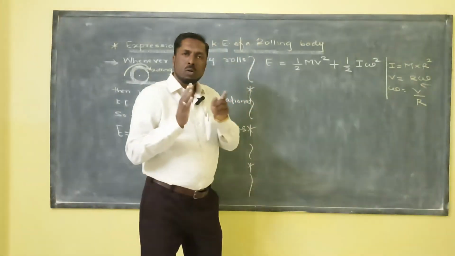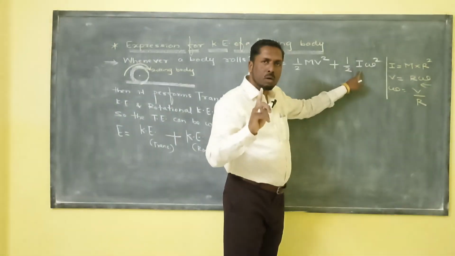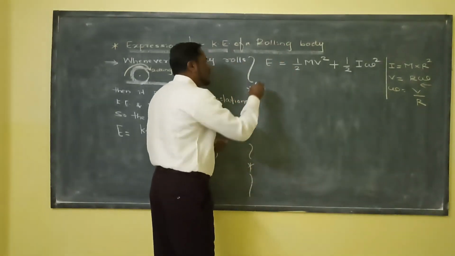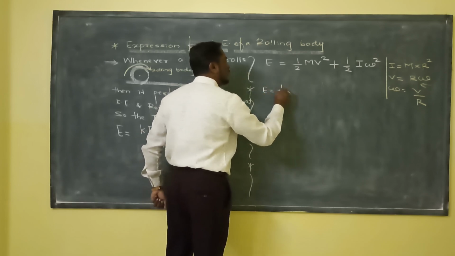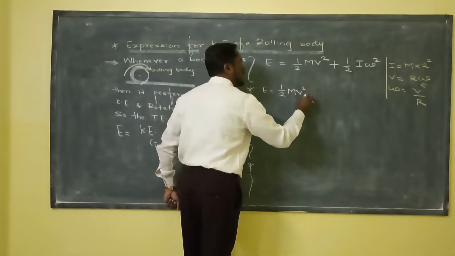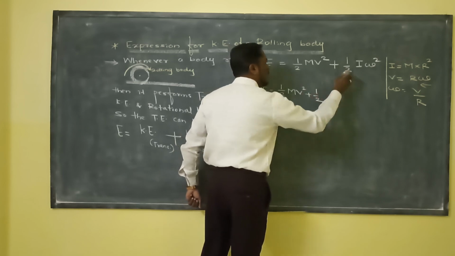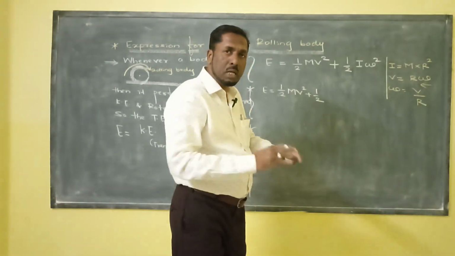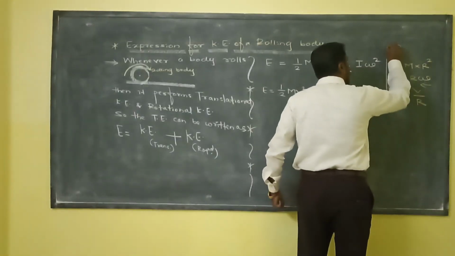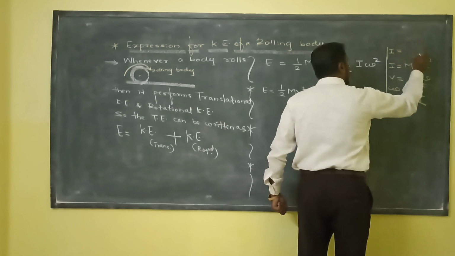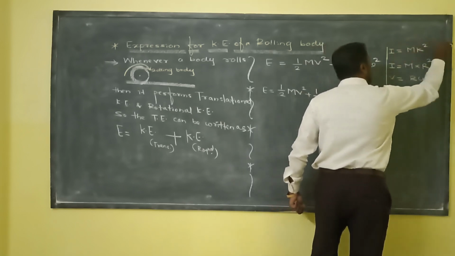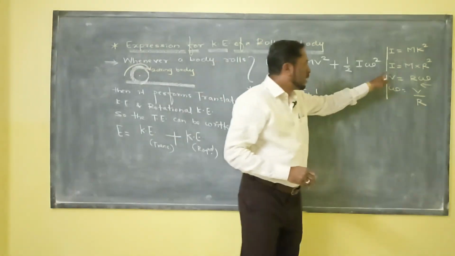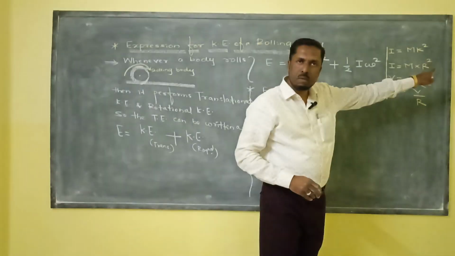So in this way we have two values, first of I, another of omega square. Just put the values here. Total kinetic energy E is equal to 1/2 mv square as it is, plus 1/2 I, where I is equal to mr square, the product of mass and square of distance.